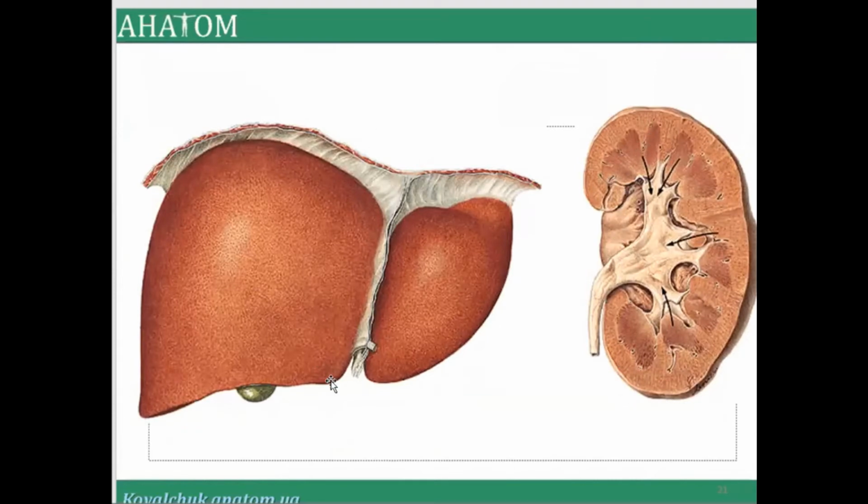Liver, kidney, and lungs have lobes and segments. It's very important for understanding vascularization and innervation of these organs.